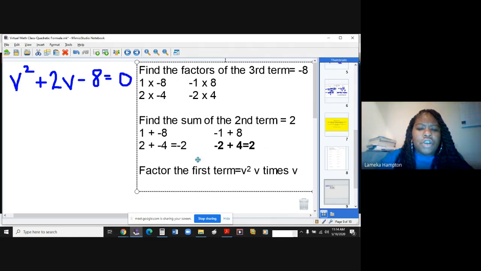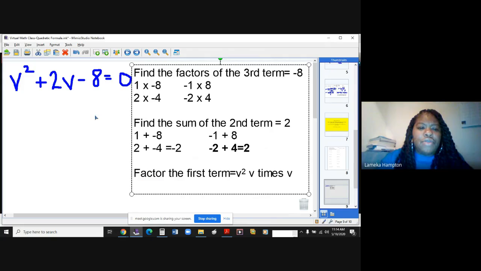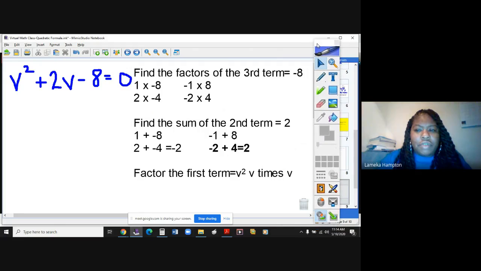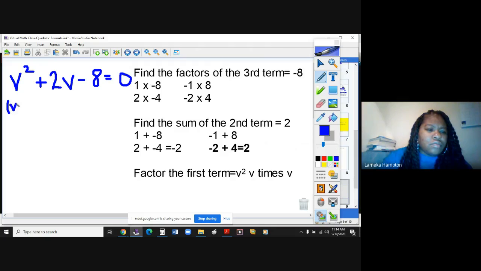All right. So when I do this, I am going to be left with the following. And I'm going to go ahead and write it out so that way you all can see it here. I am going to be left with v minus 2 times v plus 4.